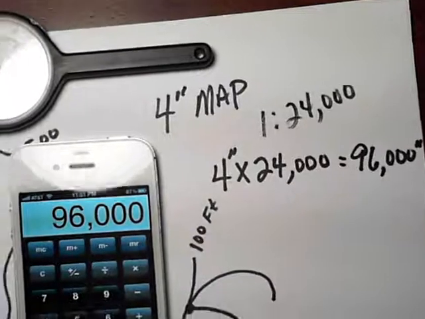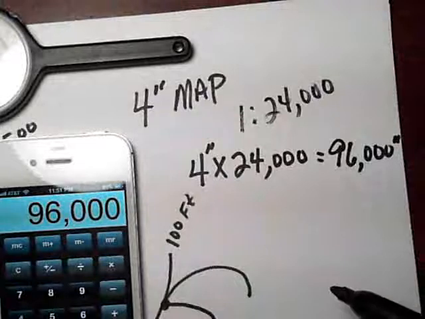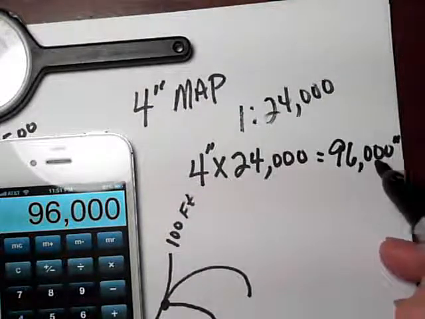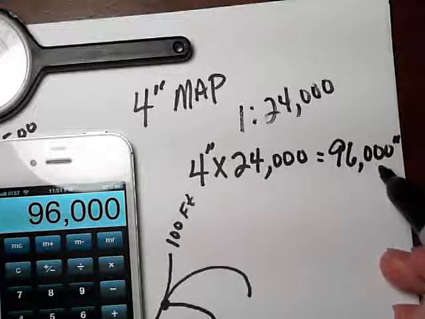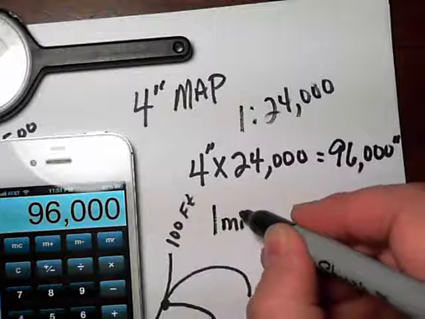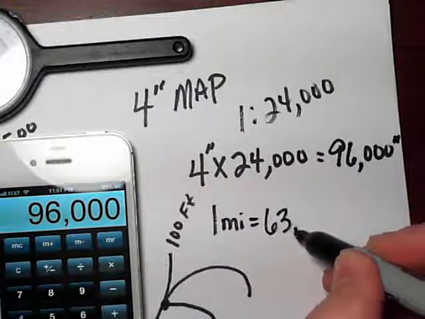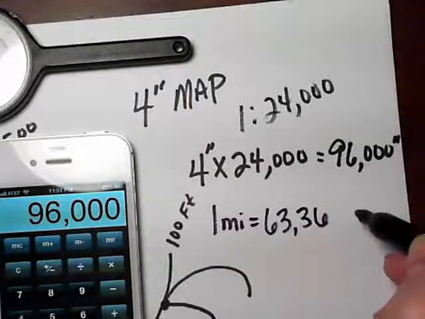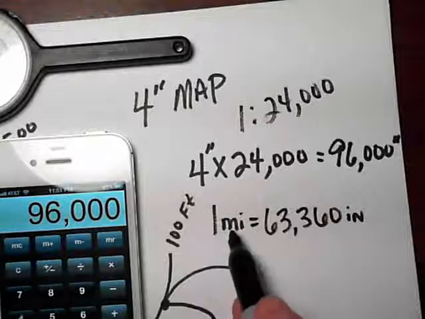Now remember, the gradient has to be in feet per mile. So we need to convert this distance between the two points from inches to miles. We know that 1 mile is equal to 63,360 inches. That's the relationship between inches and miles.